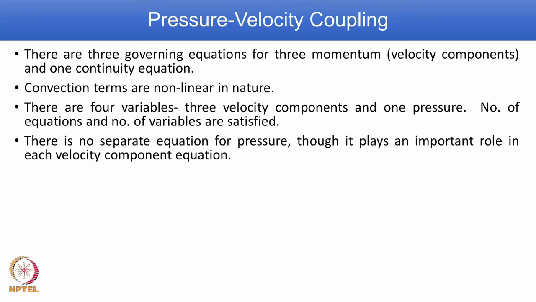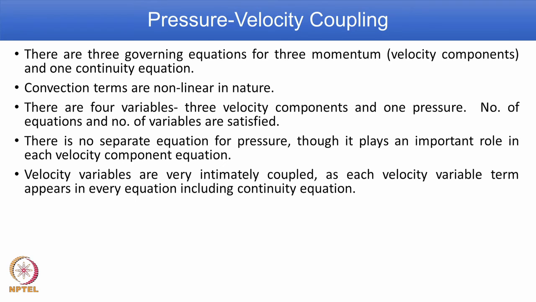However, there is no separate equation for pressure, though it plays an important role in all the momentum equations. Velocity variables are however very strongly coupled, because you will observe, you know already also, that each velocity component appears in every other momentum equation including the continuity equation. That way velocity variables are very intimately coupled.